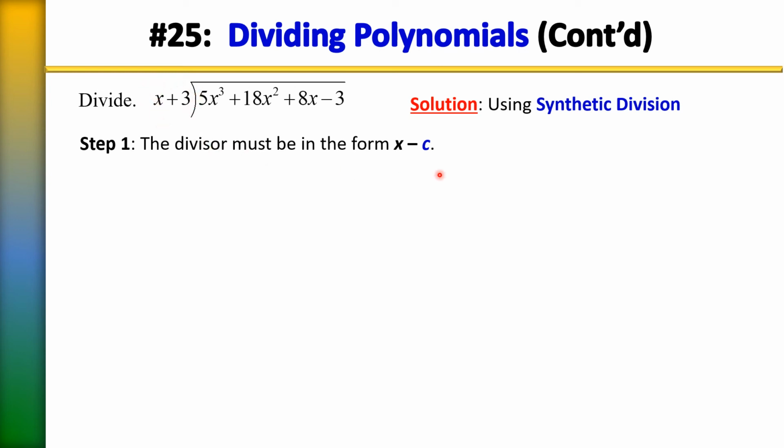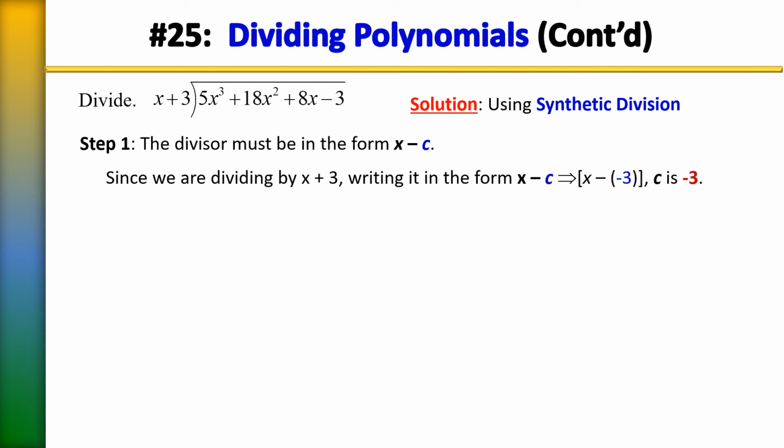If I want to write it in the form of x minus c, then this c needs to be a negative 3, because negative 3 but with a negative in front of it would be plus 3. So it would look like this again. If our divisor is x plus 3, to write it in the form of x minus c, c then would have to be negative 3 in order for you to get an x plus 3. So c is negative 3.